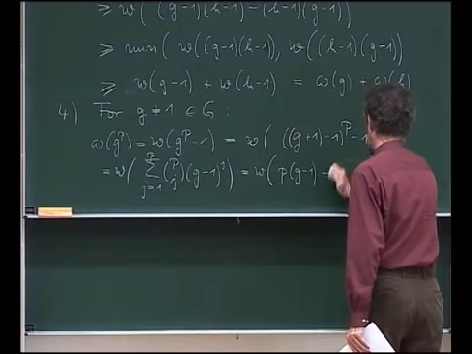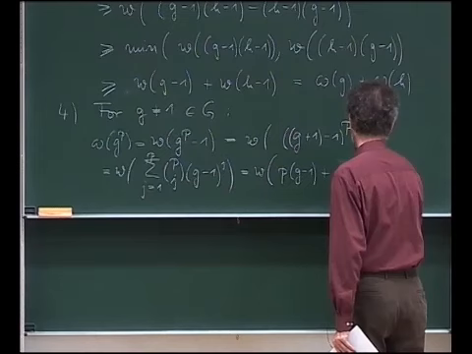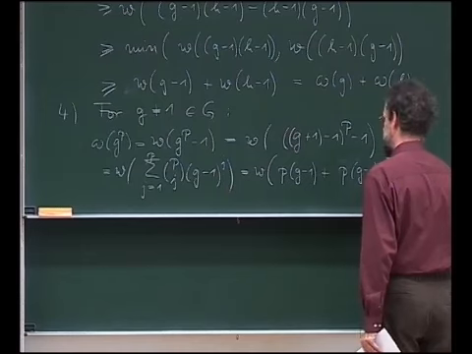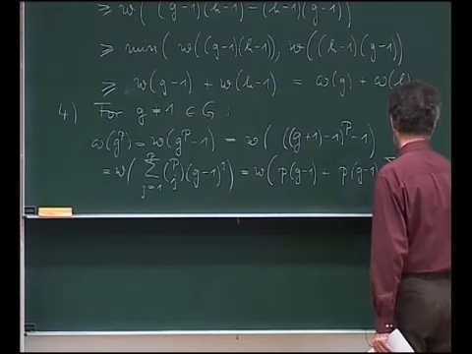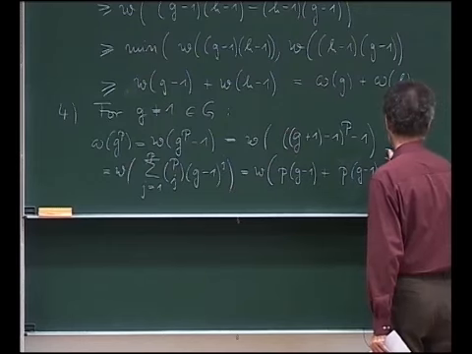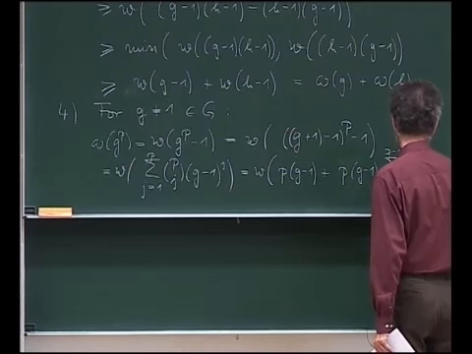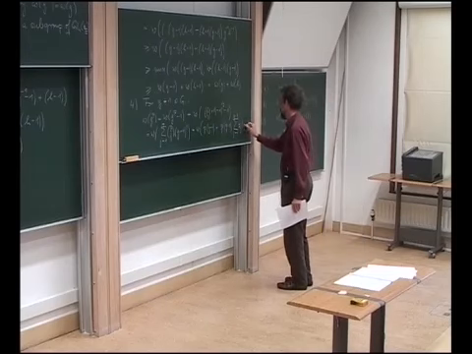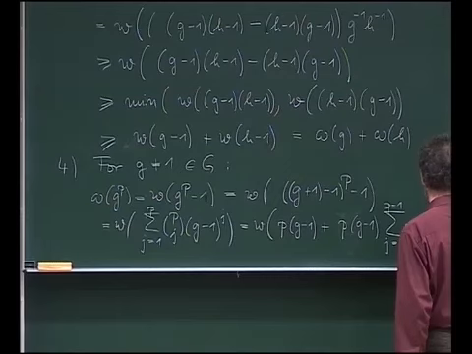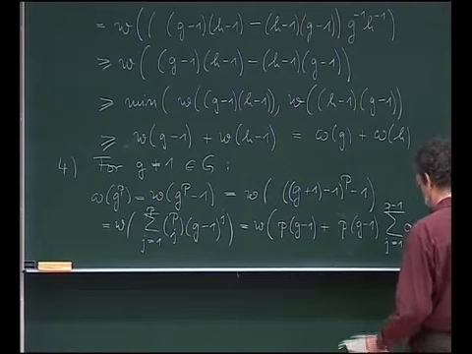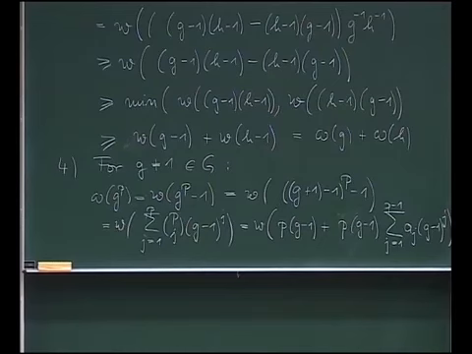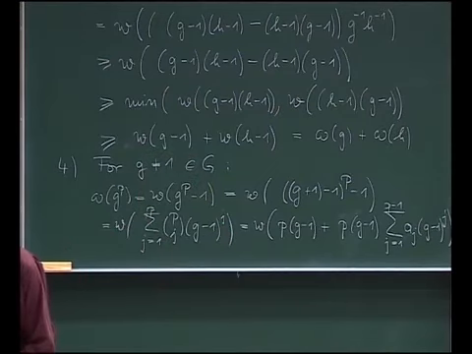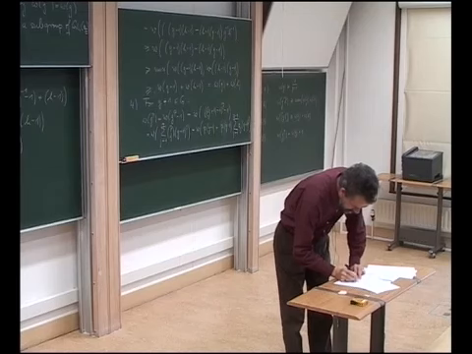And now we pull out the first term, which is p times g minus 1. And in the rest I also can pull out p and g minus 1. And the rest is then the sum j equal 1 to p minus 1 of certain integers a_j times g minus 1 to the j.